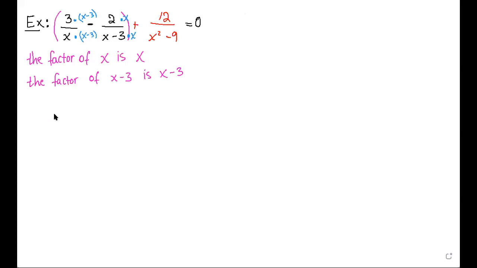So this means by using the property a over c, if the denominators are equal, we get the numerator 3 times x minus 3 minus 2 times x. Plus this one, 12 over x squared minus 9, equals 0.